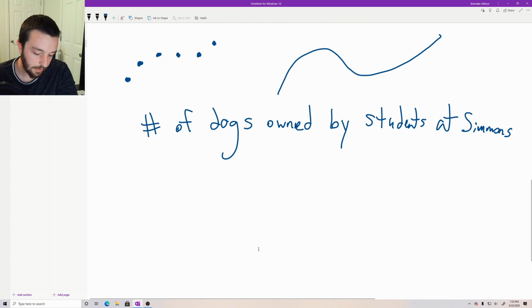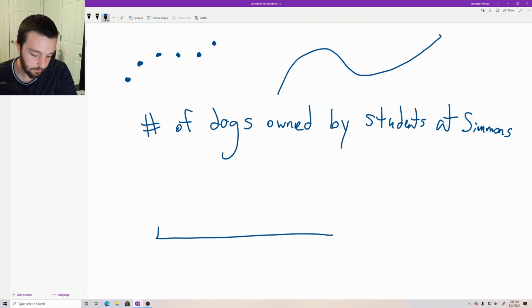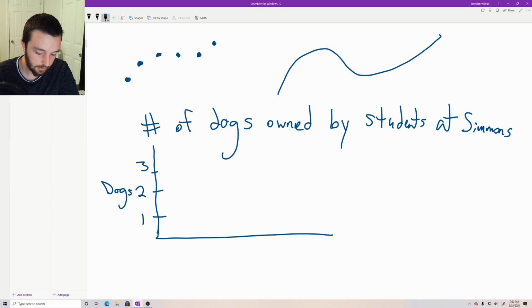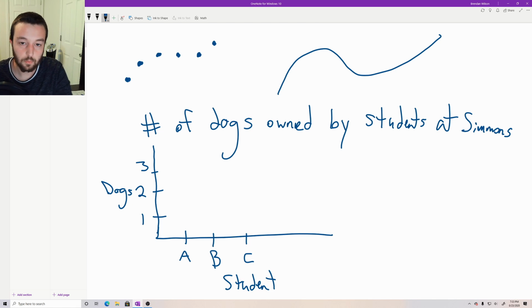Well, if we collected our data, right? Let's say this would be one dog, this is two dogs, three dogs. This is student A, this is student B, this is student C. When we collect our data, let's say student A has one dog, student B has no dogs, so 0.